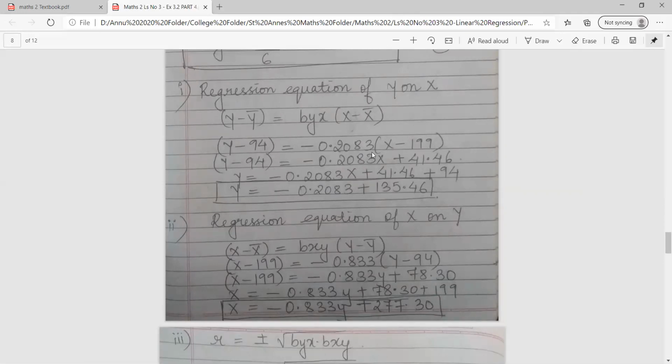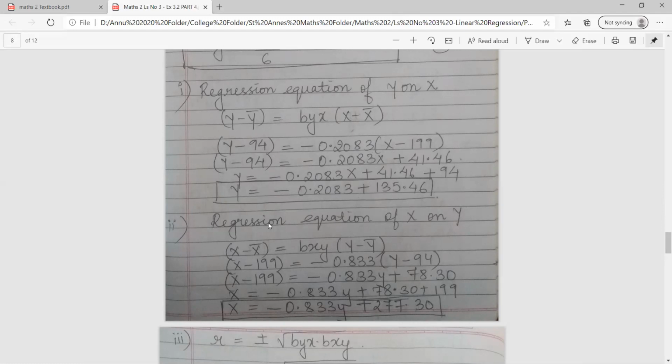I know the values are a little bit big, but you have no choice but to multiply. So please class, do it without using calculators. Be sincere towards your studies. Please do not use calculators while doing such calculations. Otherwise, exam ke time pe you will find it very difficult. So I've got the regression equation of y on x as you can see over here.